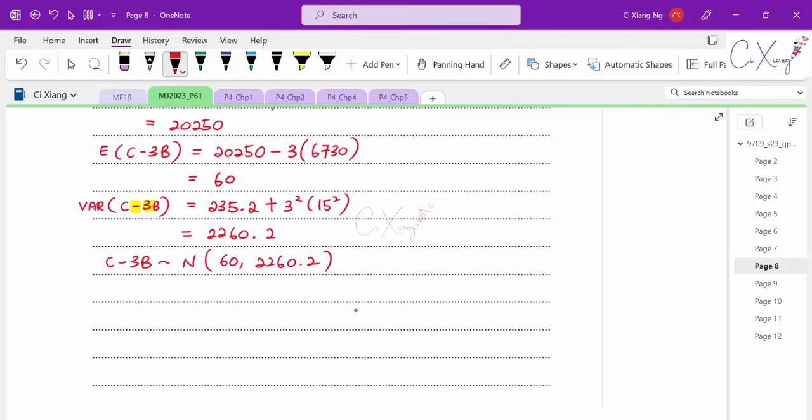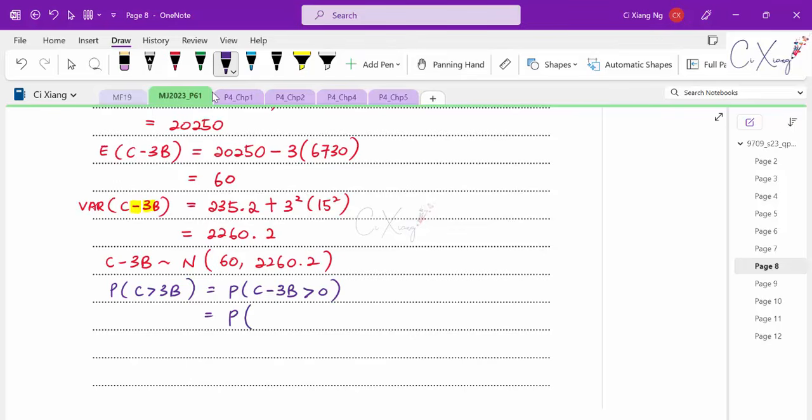And again, like I mentioned just now, this question wants us to calculate the probability of C greater than 3B. I can't proceed with the calculation if I have variables on both sides. I have to move all my variables to one side, greater than 0.